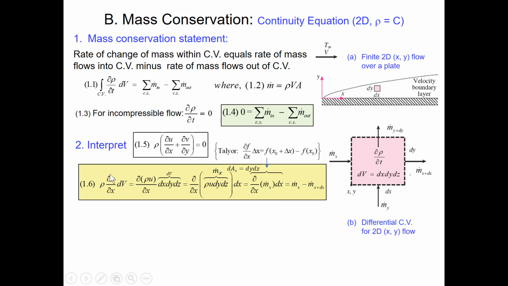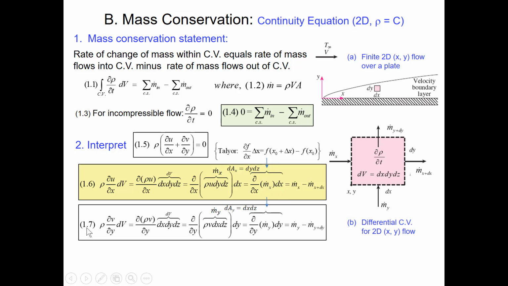Therefore, the physical meaning for this term is mass flow rate into the control volume minus mass flow rate out of the control volume in x direction. Second, for the second term, we follow the same steps to get the mass flow rate difference in y direction.